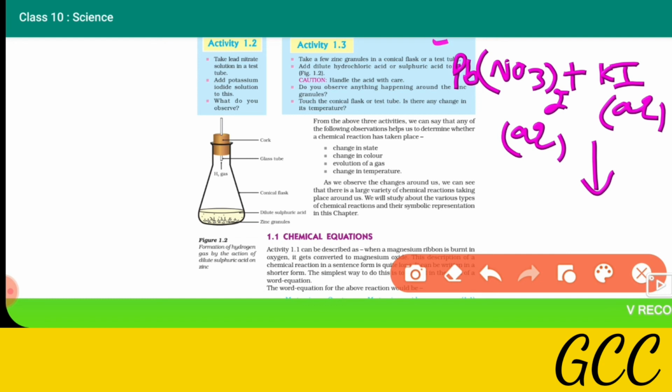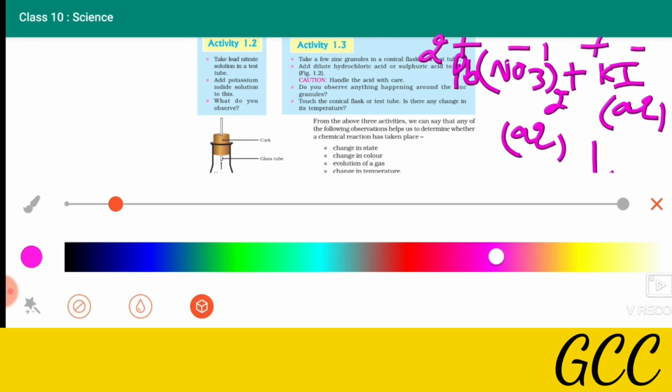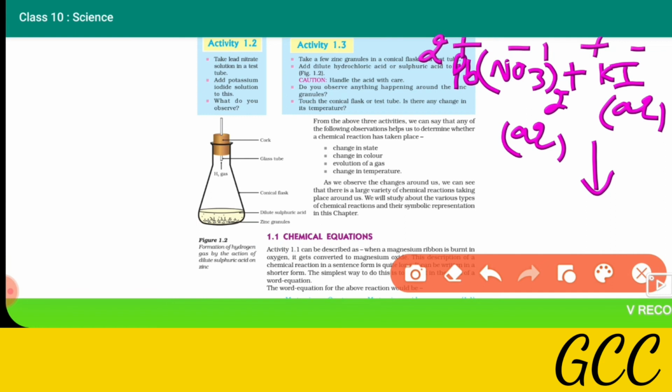Now we know very well Pb is 2 positive, NO3 is negative, potassium is positive, iodine is negative. Now the positive will attach with the negative. So what is going to happen over there? There will be Pb and I, and K and NO3.